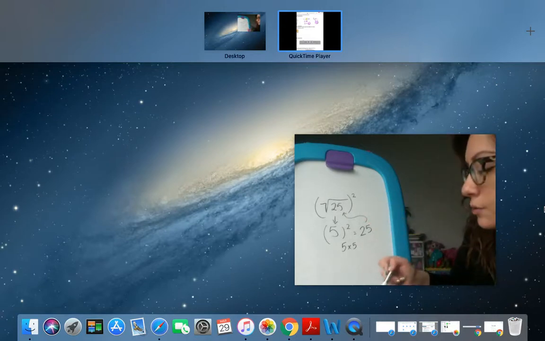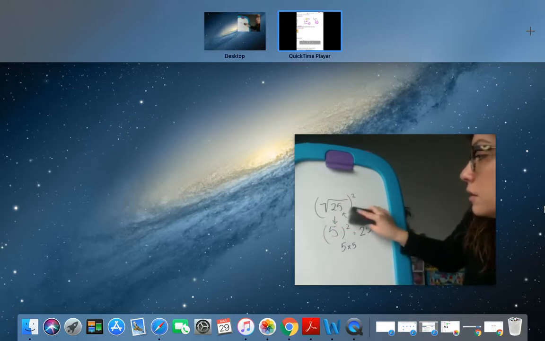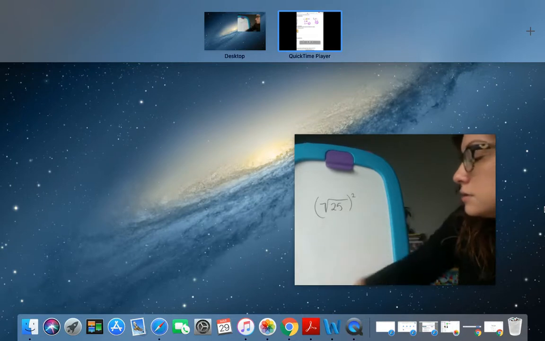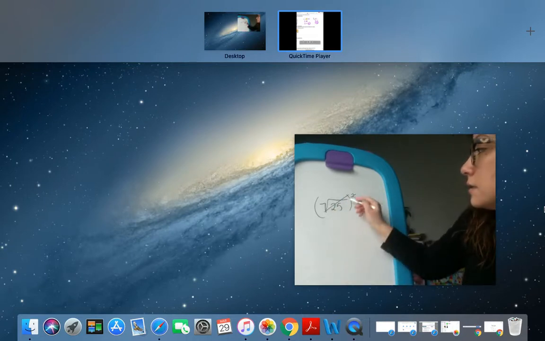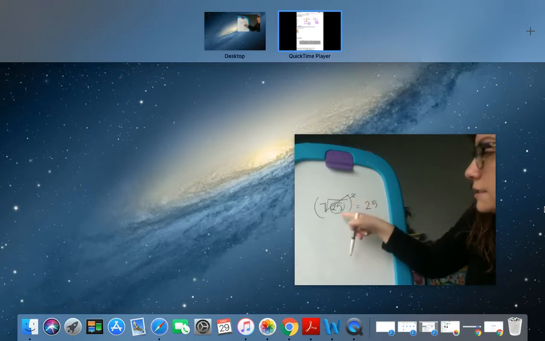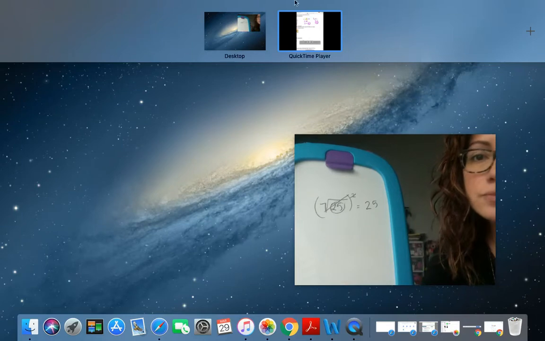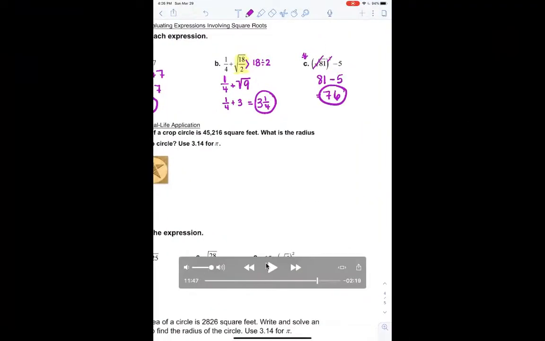So that's why when you notice a square root squared, instead of doing all of this, we just say that this cancels and you're left with just the number that's inside the radical symbol. Okay? All right, let's go back to the notes.